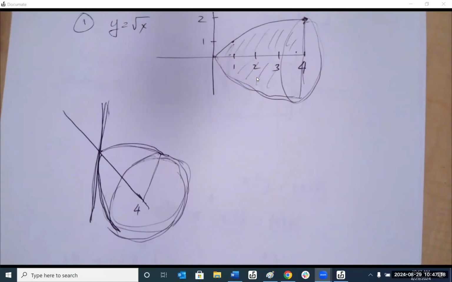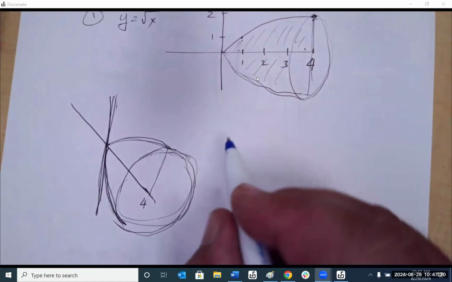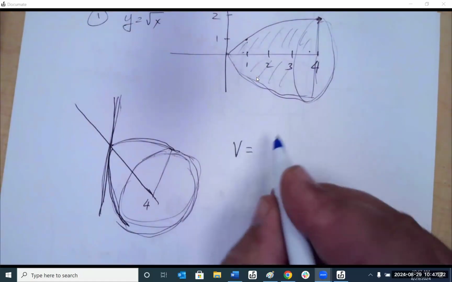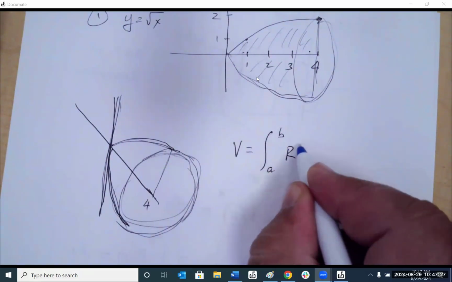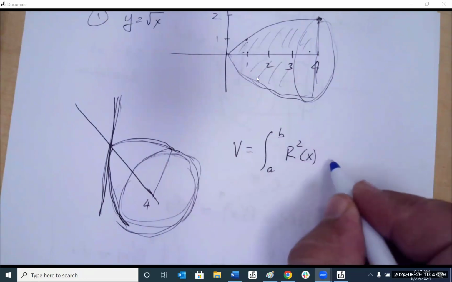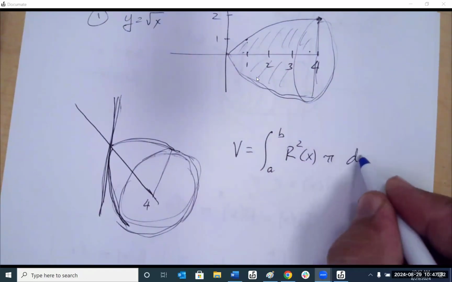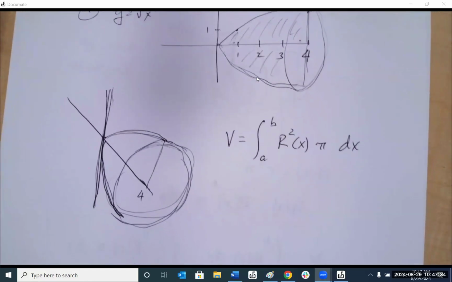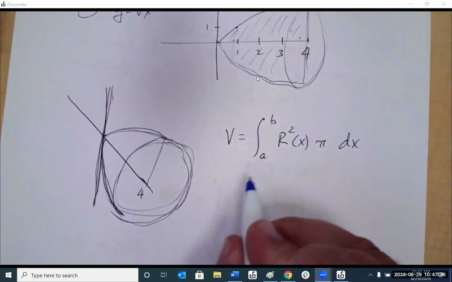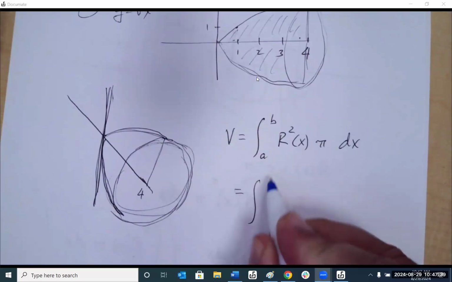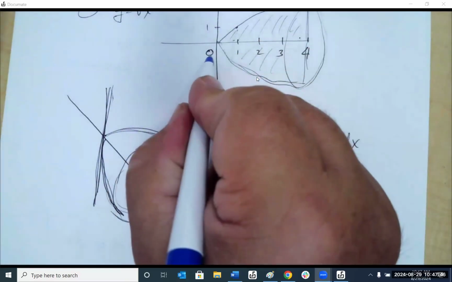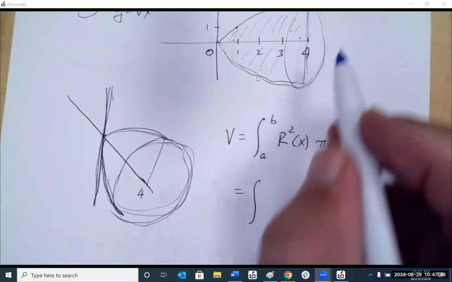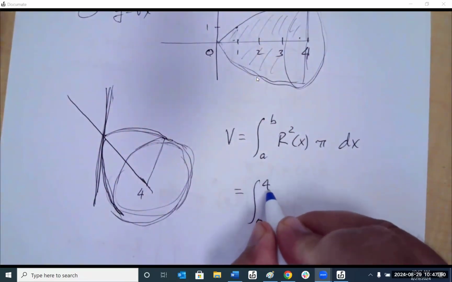Third step is what? Well, what's our formula? Remember, it's the integral of R of x squared times pi dx. What is a? A is where it goes from 0, and b is 4, so it goes from 0 to 4.